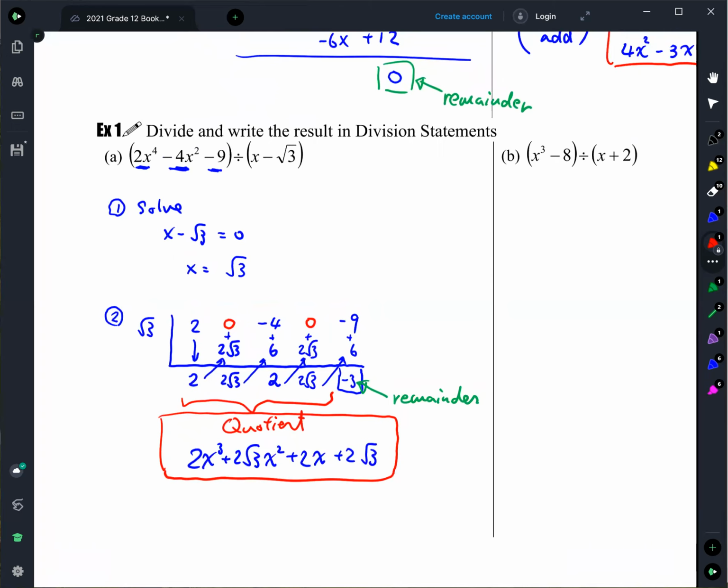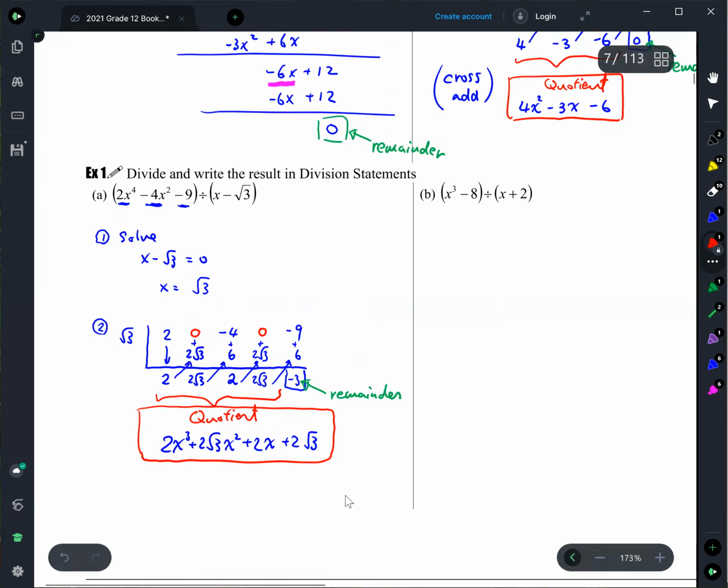Does anyone have questions about how this is done? Can you raise your hand if you understand how we get the quotient? And please write down the remainder, equal to -3.